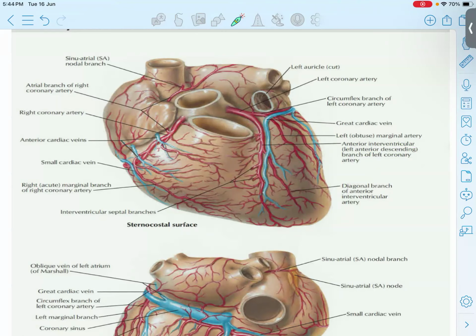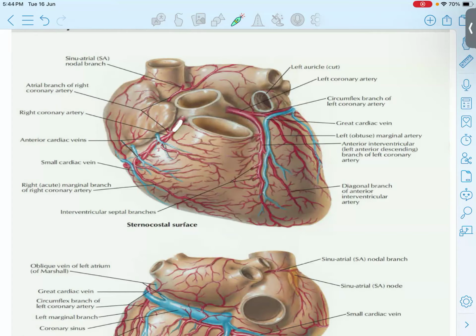And remember, the posterior interventricular artery is a branch of the right coronary artery. So that is important. Anterior interventricular branch and circumflex branch of the left coronary artery branch at the very first. This is important to remember.